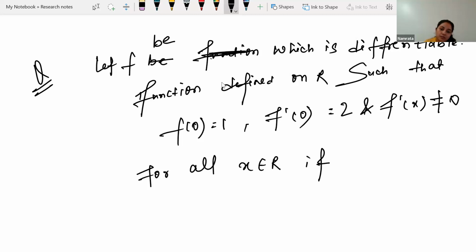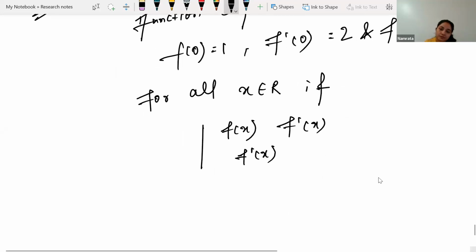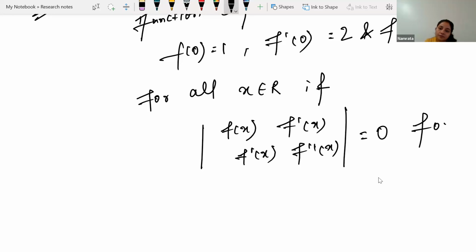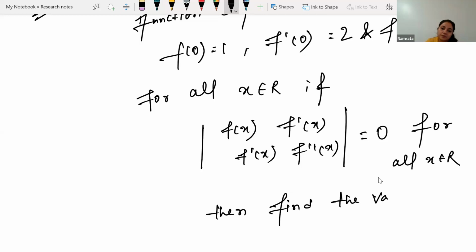If the determinant of f x, f dash x, f dash x, f double dash x is equal to 0 for all x belongs to R, then we have to find the value of f of 1.